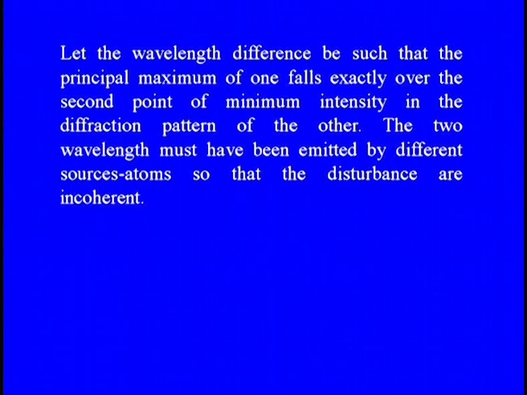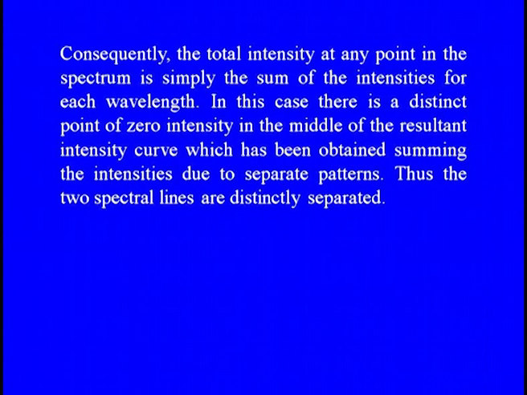The two wavelengths must have been emitted by different sources so that the disturbances are incoherent. Consequently, the total intensity at any point in the spectrum is simply the sum of the intensities for each wavelength.